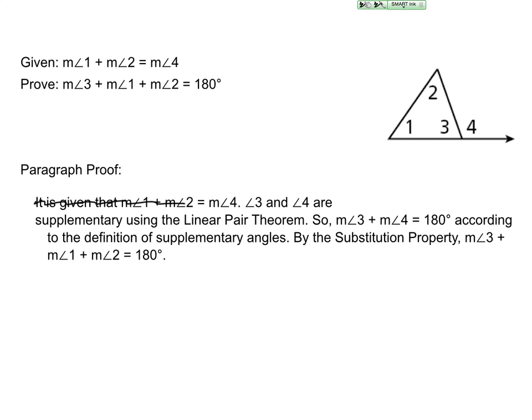It is given that. Okay, so now, next thing says angle 3 and angle 4 are supplementary. Reason: linear pair theorem. Okay, sentence 2, done.